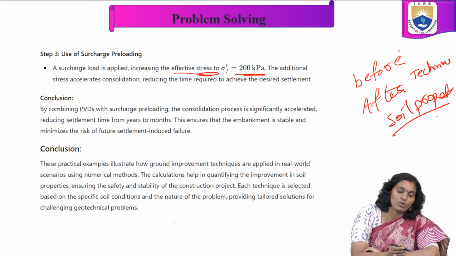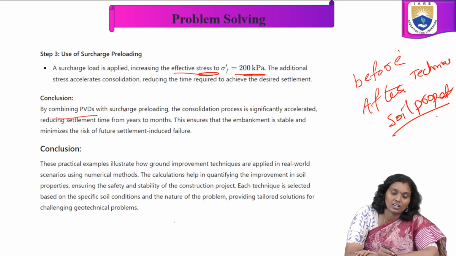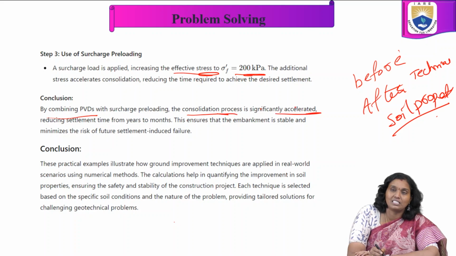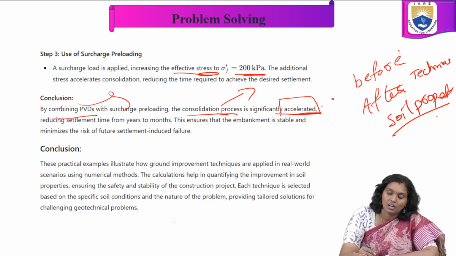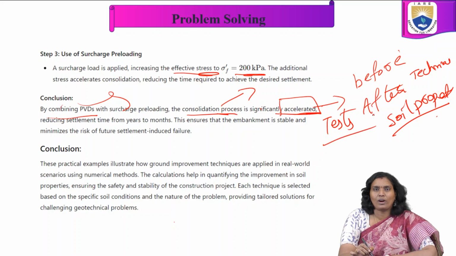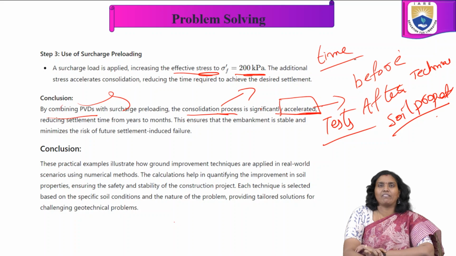In this, by combining the PVDs with surcharge preloading, the consolidation process is significantly accelerated. These kinds of combinations may be helpful, and whether the required property is achieved or not, we may understand using these tests, based on the tests before and after. The time required for the process is also very important.